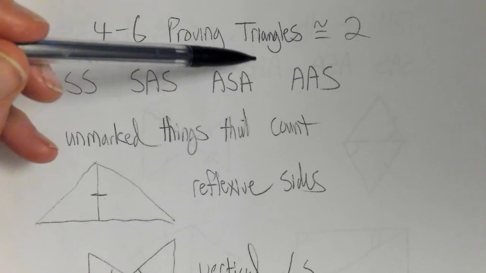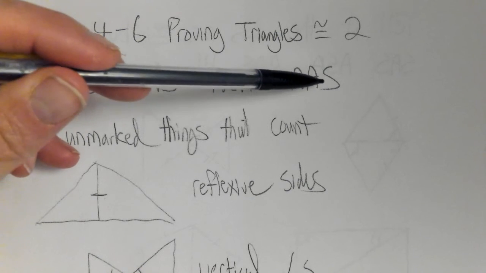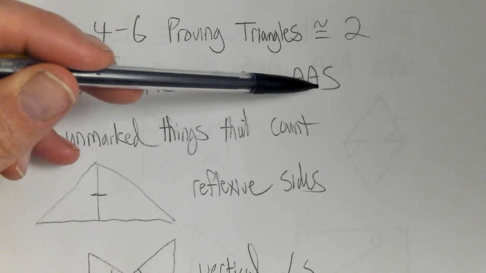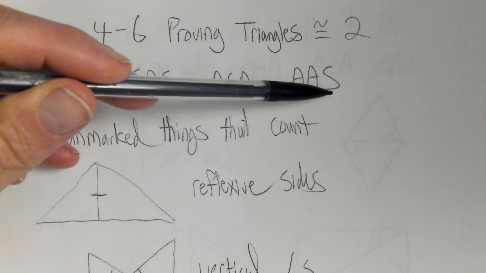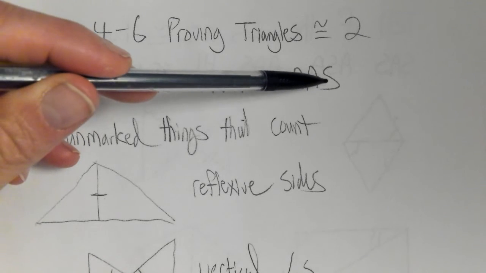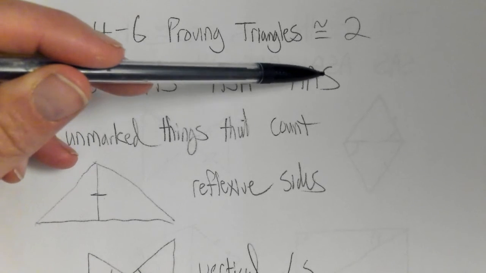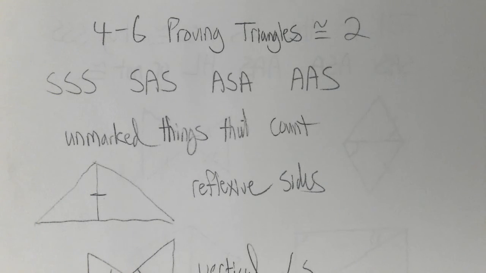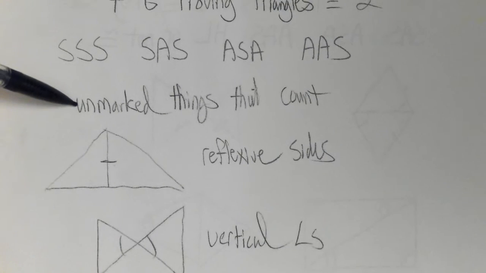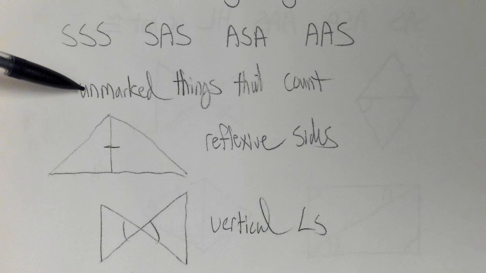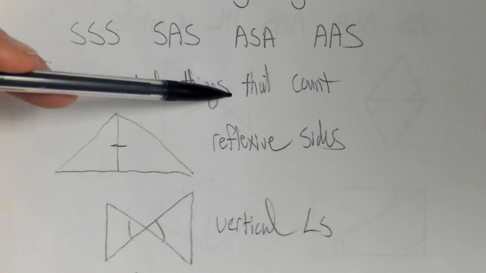We also discussed what that meant. And remember, angle, angle, side was the trickiest because there are two non-included sides, and you've got to make sure you have the corresponding or the matching non-included side on each one.